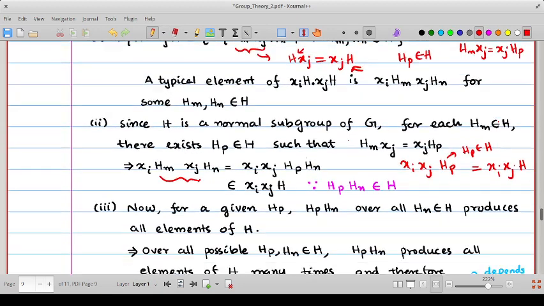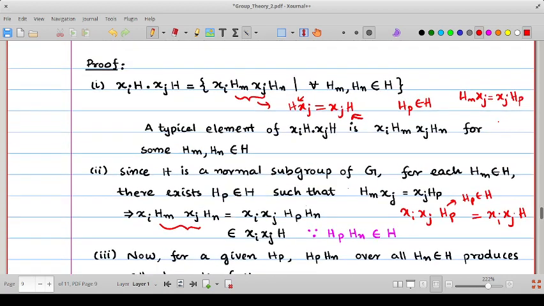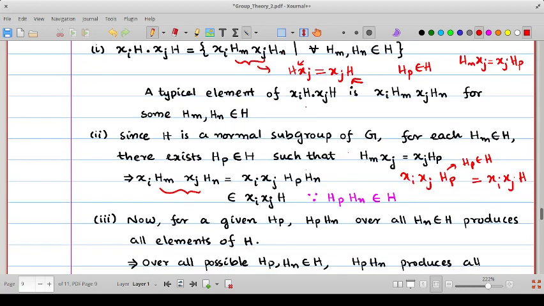Okay, so I will state this once more. The elements of the coset product are simply given by xi, hm, xj, hn, with hm running over all possible elements of H, and similarly Hn also running over all possible elements of H. Now this can be written as xj times some Hp, where Hp is an element of H. So that will now become this.